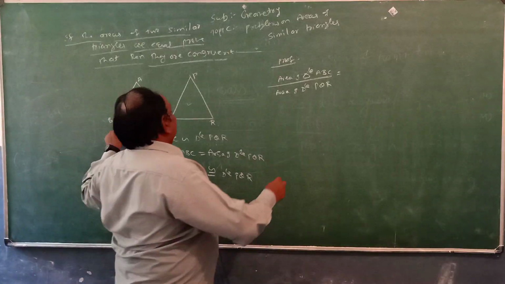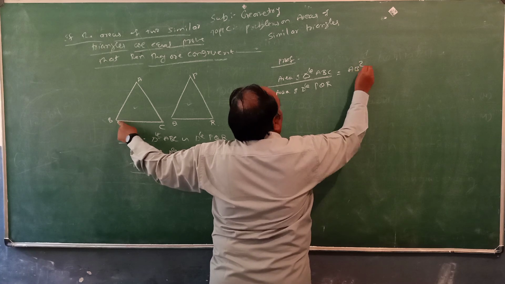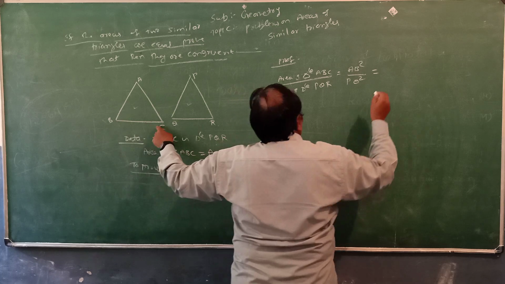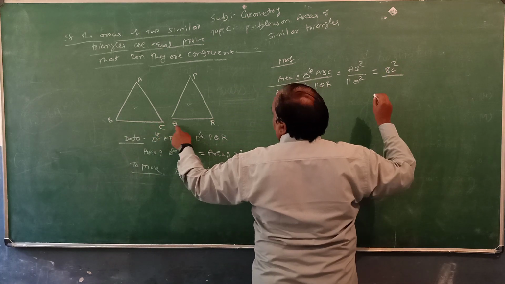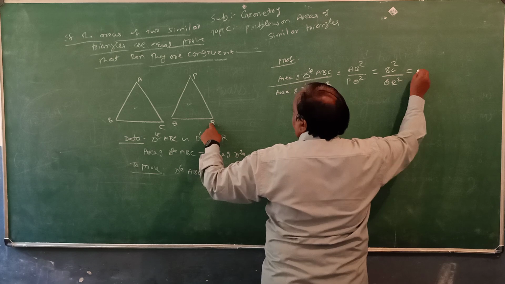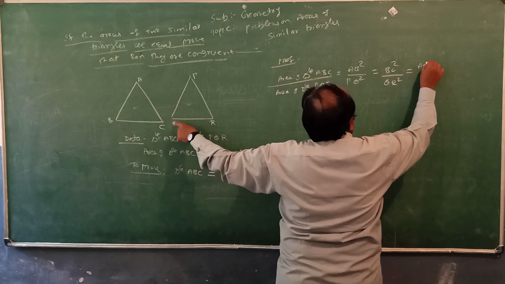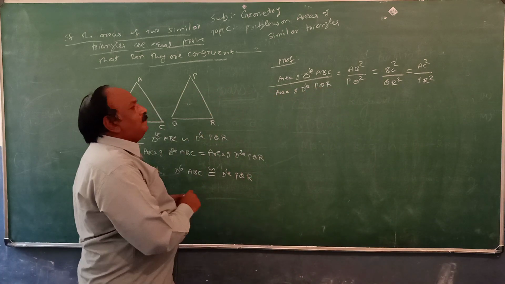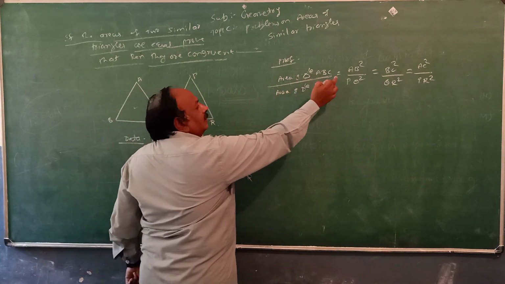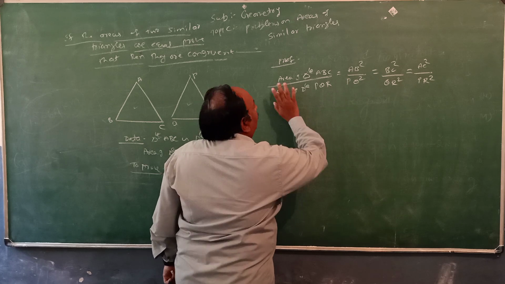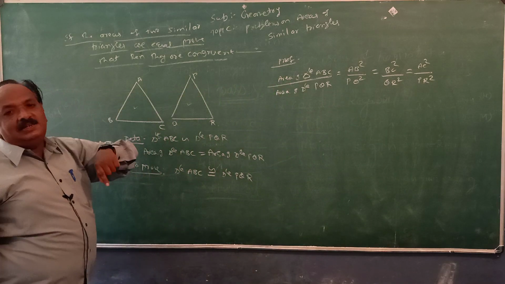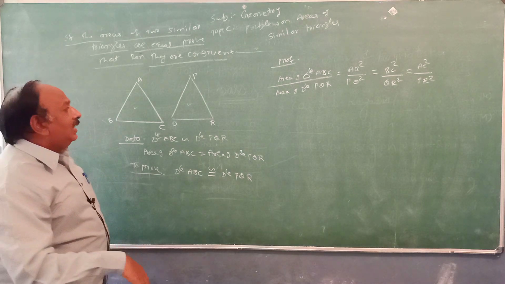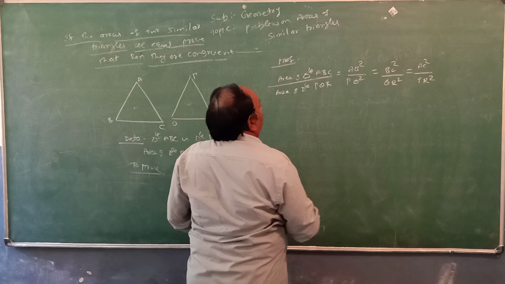That is equal to AB square divided by PQ square, equal to BC square divided by QR square, equal to AC square divided by PR square. This is a very important step, because it is an application of the theorem.